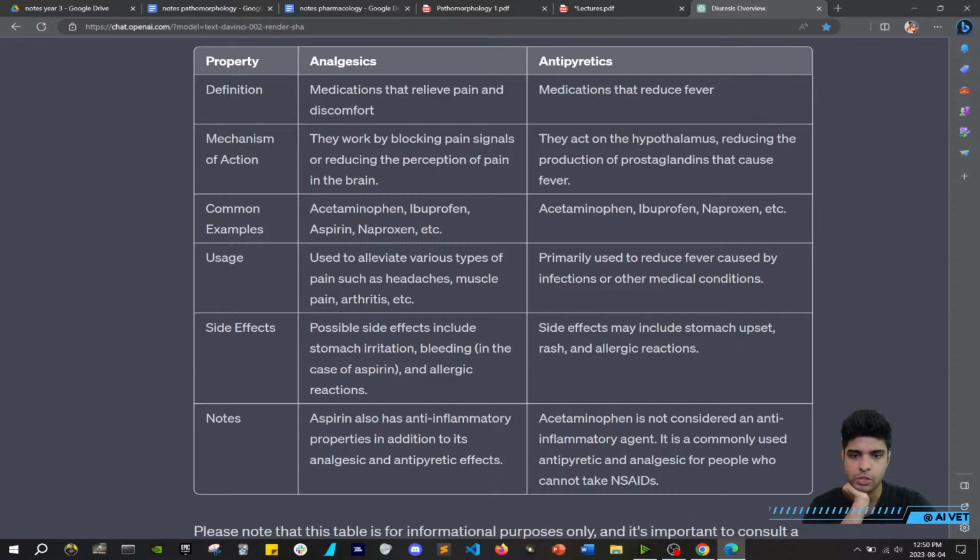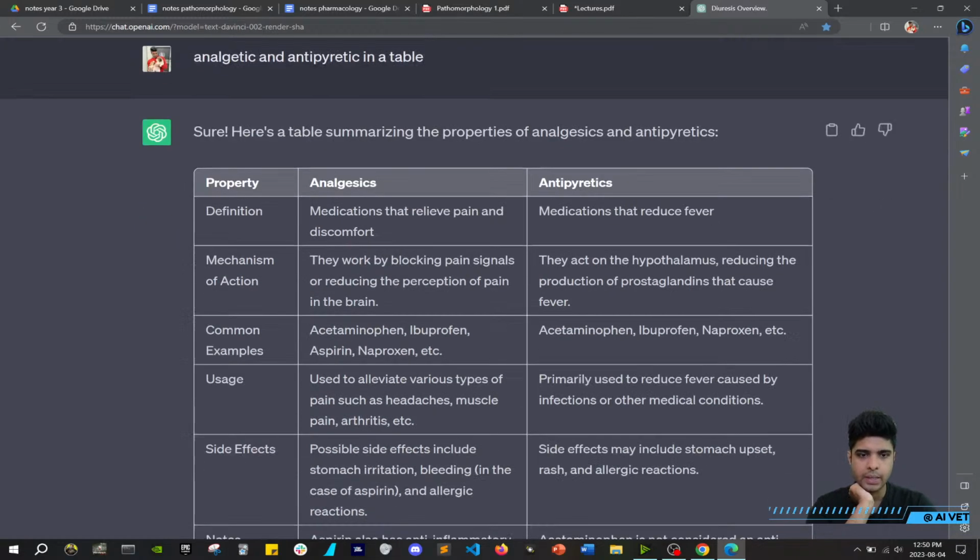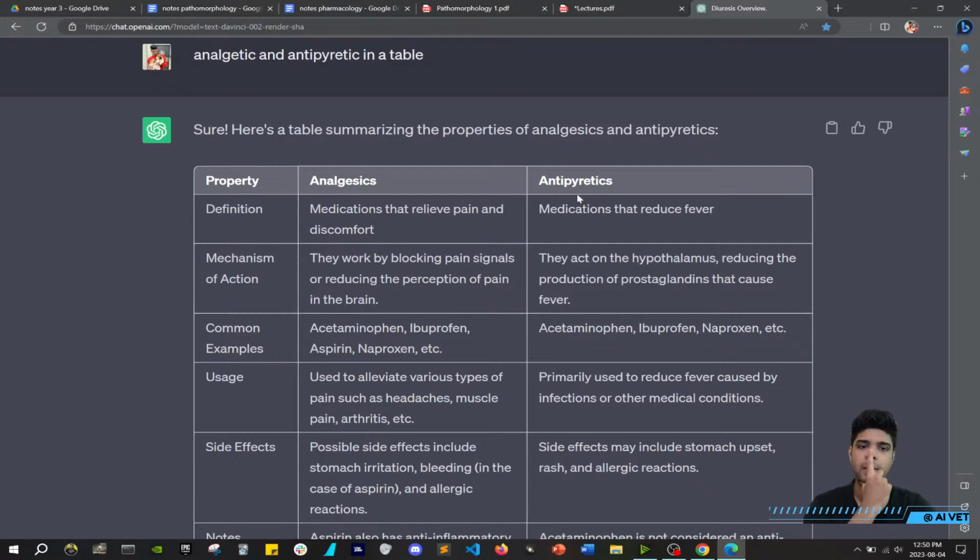Possible side effects: stomach irritation, bleeding, allergic reactions. Okay, anti-inflammatory, this also is there. Antipyretic. Pyretic, something to do with temperature, I thought, or heat. So it reduces fever.